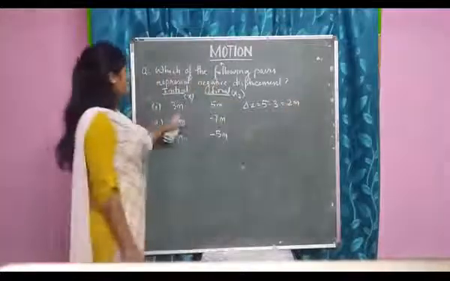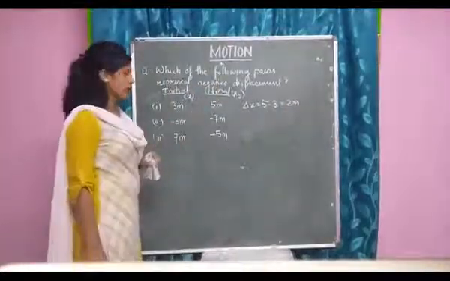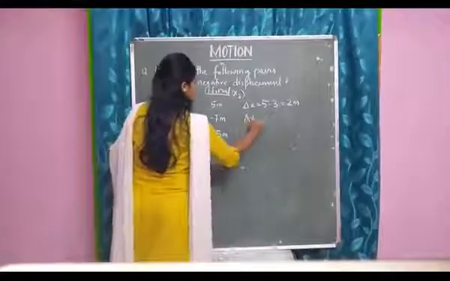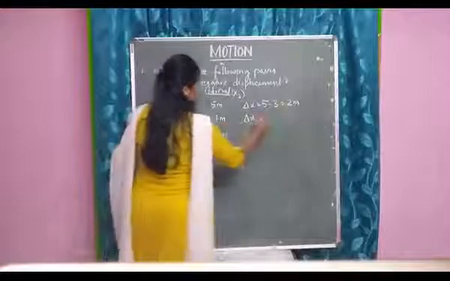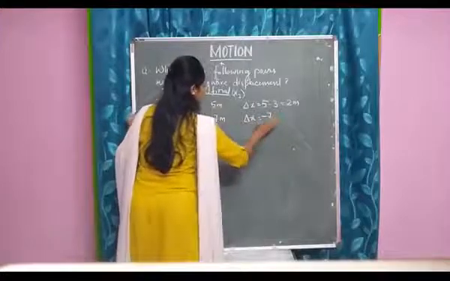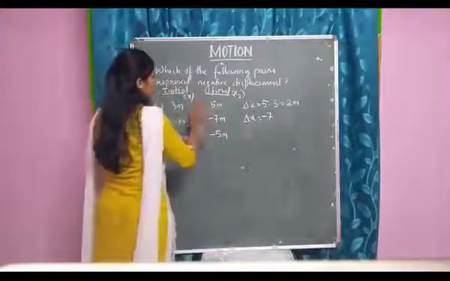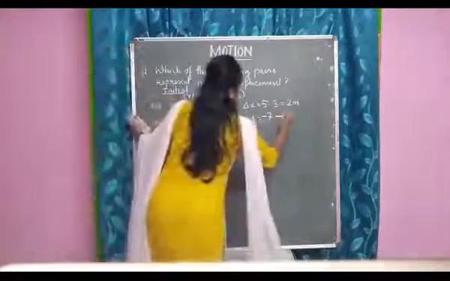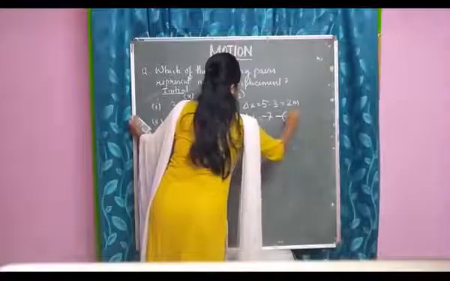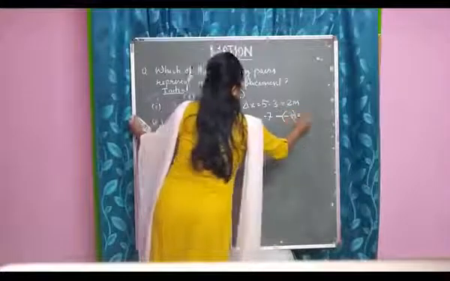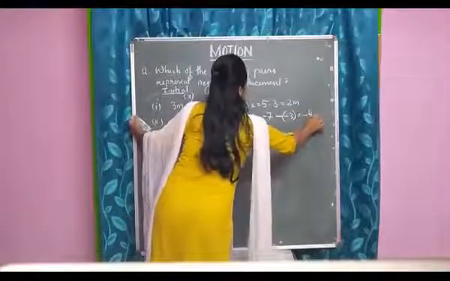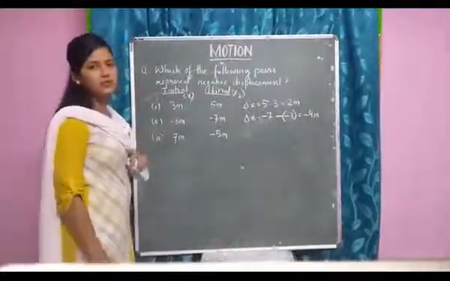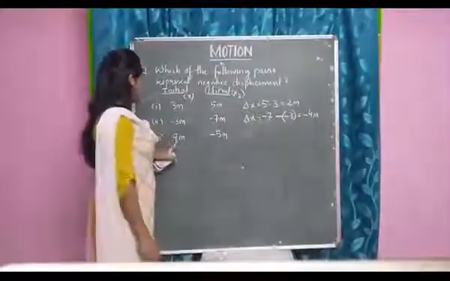That means it is showing a positive displacement. For the second case, del x is minus 7, final position, minus of minus 3. This will give you minus 4 meter. Since a negative sign comes, this is representing a negative displacement.